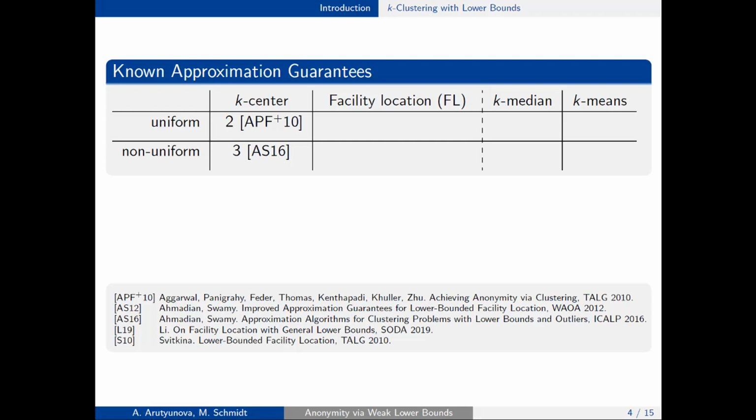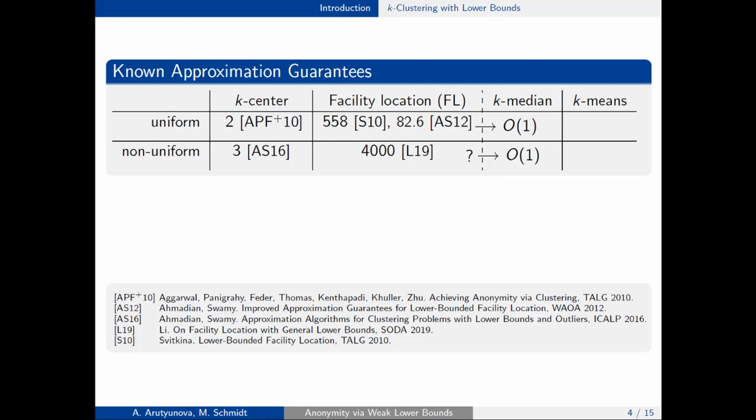For facility location, where the number of clusters is not bounded by k, but we pay a cost for opening a center, Svitkina shows that there is a 558-approximation by a reduction to capacitated facility location, and this was later improved by Ahmadian and Swamy to 82.6. A similar approach is also used by Lee to prove a 4000-approximation for facility location with non-uniform lower bounds.